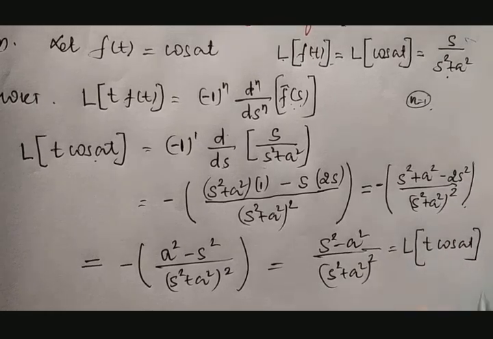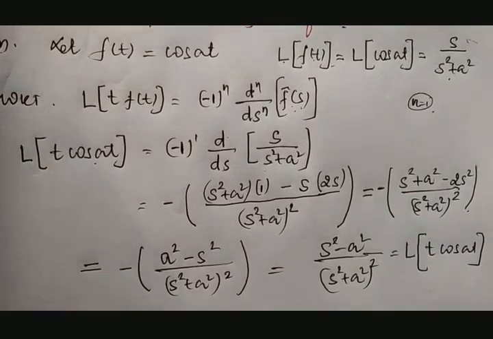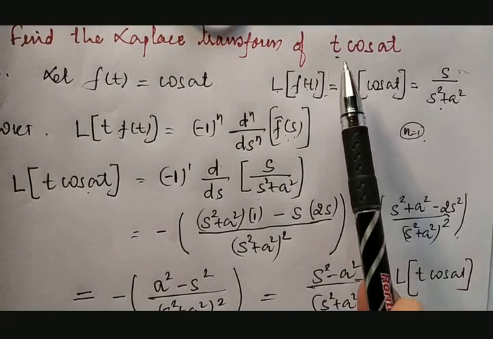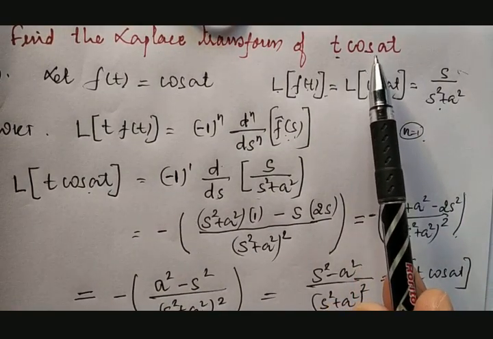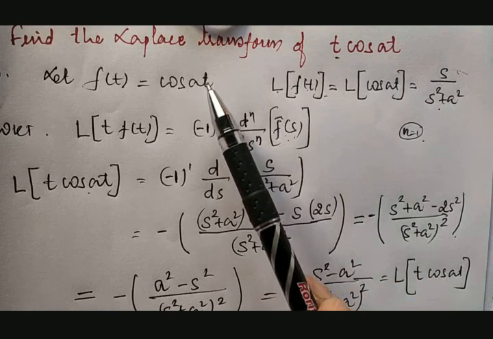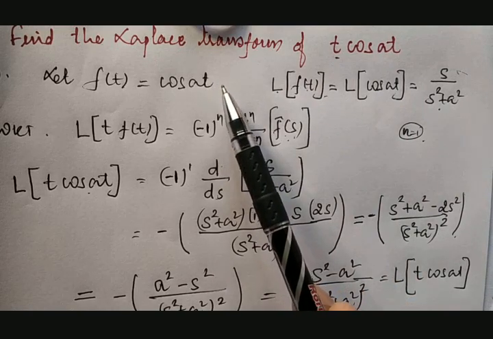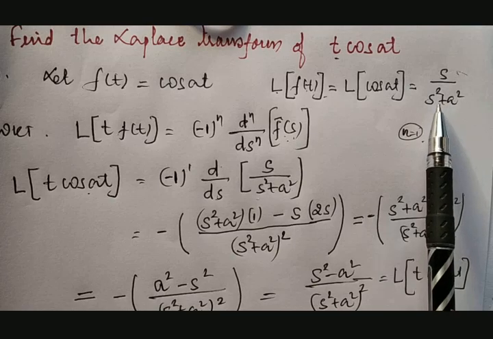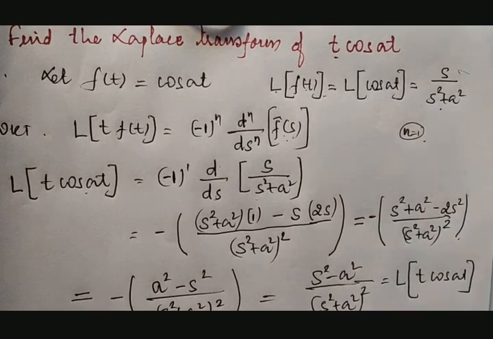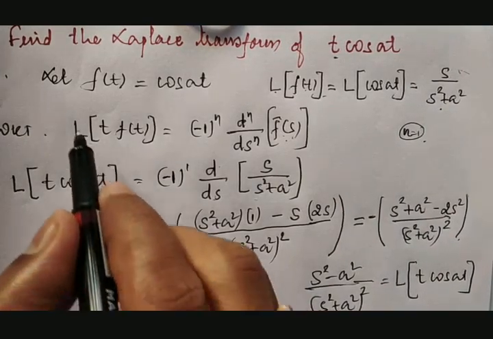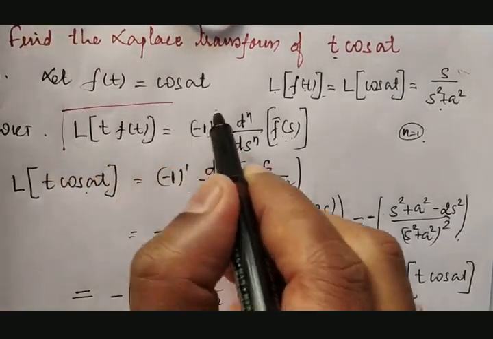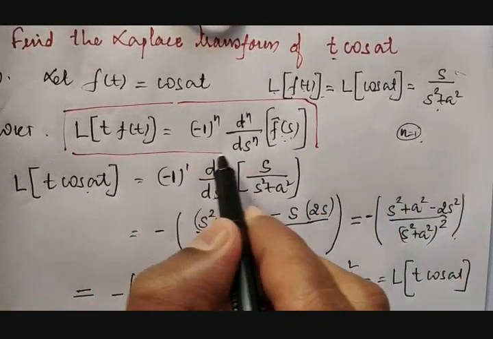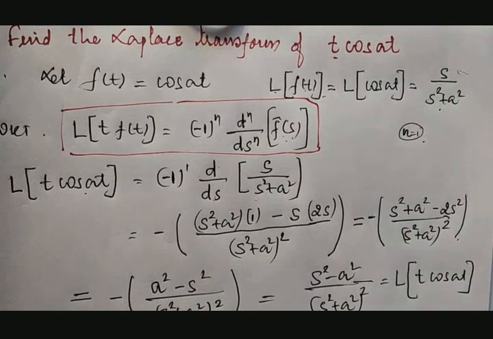So how did we calculate here? We have taken the product of t into any other function. Any other function is treated as f of t, and we found its Laplace transform, which is treated as f bar of s. Then we have this property, which is known as the derivative property. This is a very important property to solve such problems.